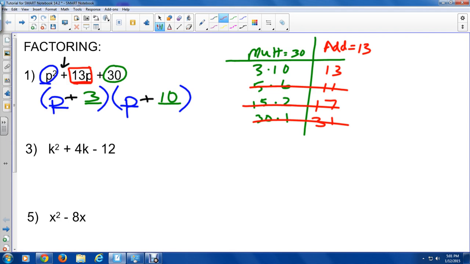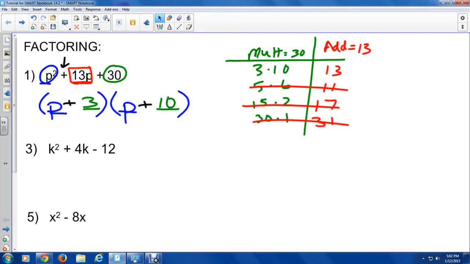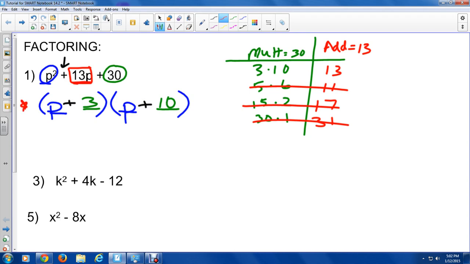Real quick, just to show you, I'm going to go ahead and multiply that back through, and we should end up right with our answer. Let me move that down a little bit. We're going to end up with the problem that we started with. So if I were given this problem right here and told to multiply the binomials, or do a process we called foiling, here's what I would do. I would do p times p giving me p squared. Outer, p times 10. Inner, 3p.